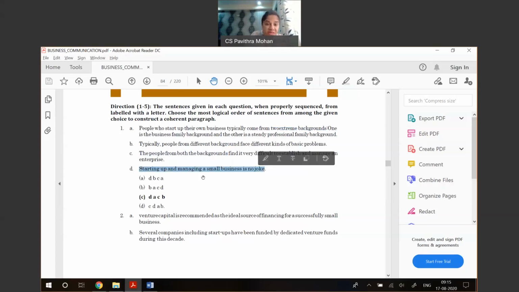This was my beginning statement, and finally what we can conclude is that typically people from different backgrounds face different situations. So it becomes easier for us to identify the passage combination: D, A, C, B. This is how we are going to do para jumbles. The same website I have given you also provides para jumbles. You can try on that.